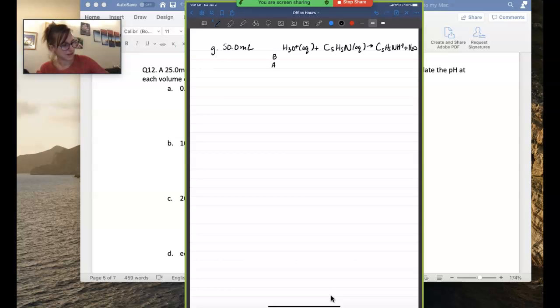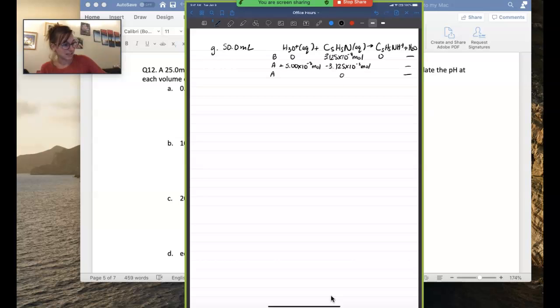Doing our BOD table, we started off with 3.125 times 10 to the negative third moles, and not including water here, we're adding in 50 milliliters of a 0.1 molar solution, so we're adding in 5 times 10 to the negative third moles. But remember, that pyridine is only going to react to the extent it's the limiting reactant.